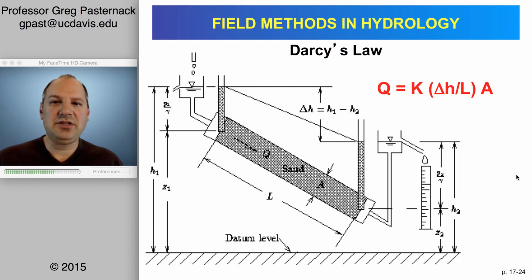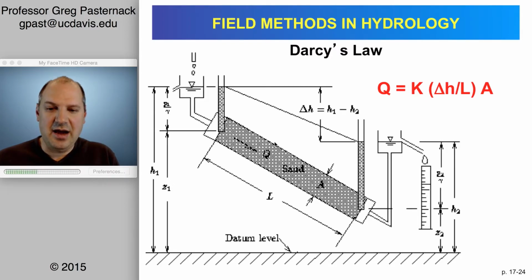To convey this understanding, I'll present a simple experiment. Imagine a cylinder or tube that's filled with porous media, in this case sand. I apologize for the quality of this graphic, but sometimes simplicity is a trade-off with quality, I suppose.